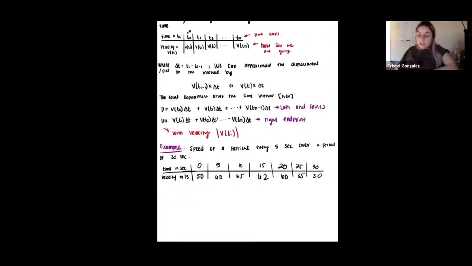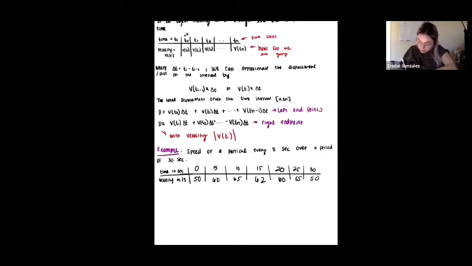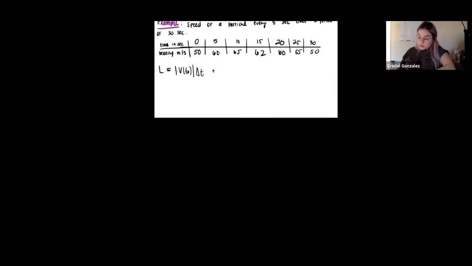To calculate our left endpoints, since we're dealing with velocity here, we'll do v of t naught times delta t plus v of t1 delta t, and then we'll go all the way until we get the absolute value of v of t n minus 1.